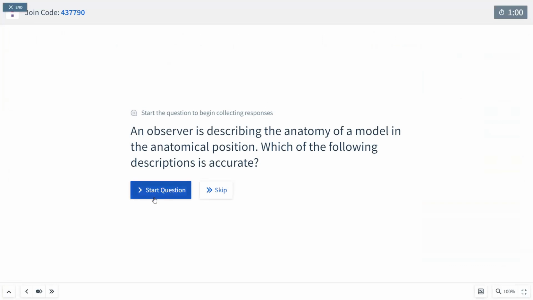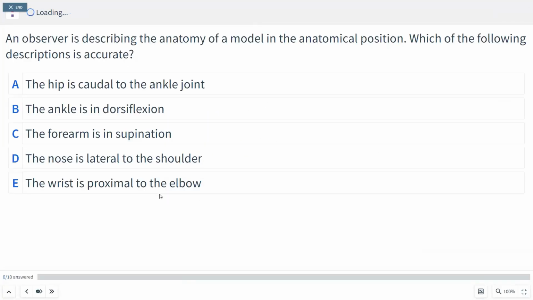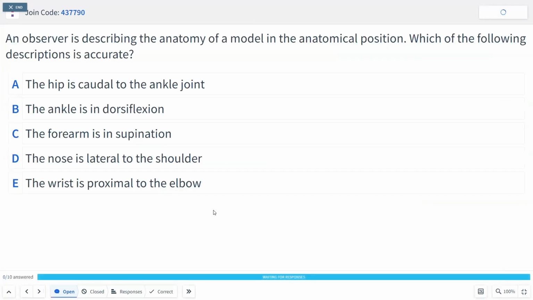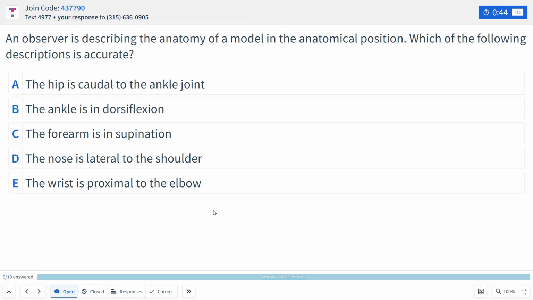Okay, I think we've got one more. Okay, so which of these is accurate if we are describing the body in the anatomical position?